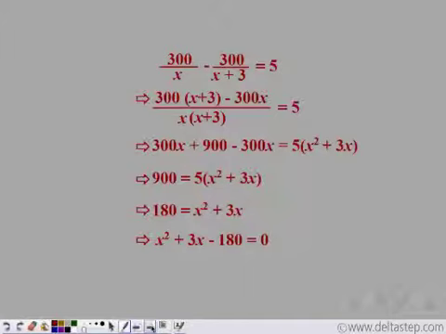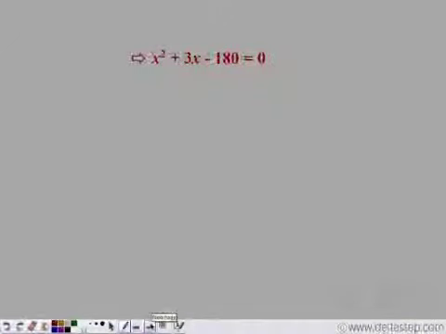And we know how to solve a quadratic equation. So let us solve this quadratic for x. X square plus 3x minus 180 equal to 0. Let us try and see if we can factorize the left hand side of this equation. For factorizing the left hand side, we need to find two factors of negative 180 such that their sum is plus 3.